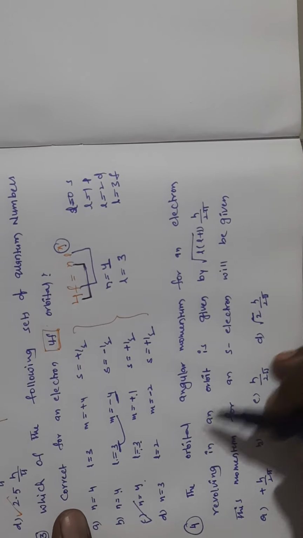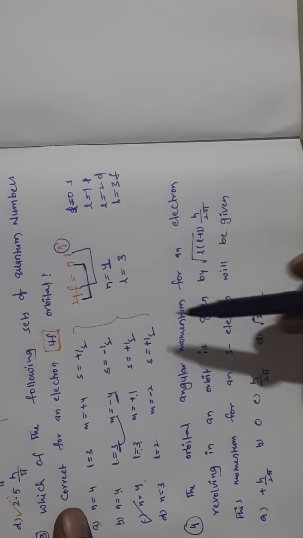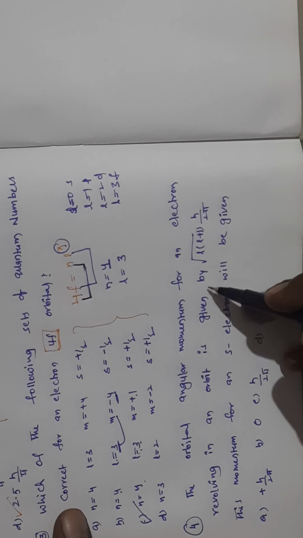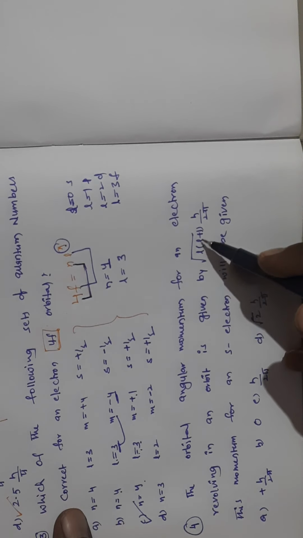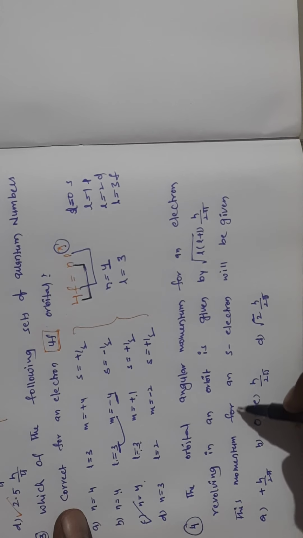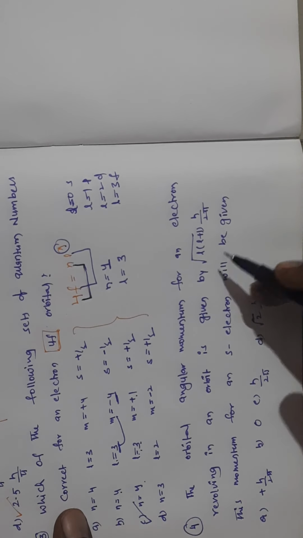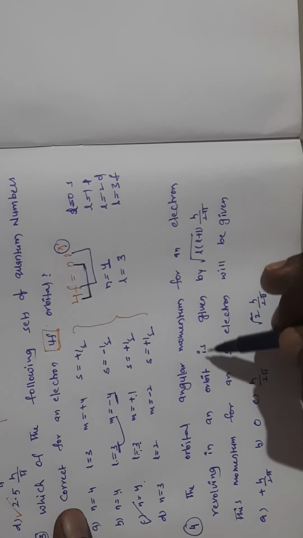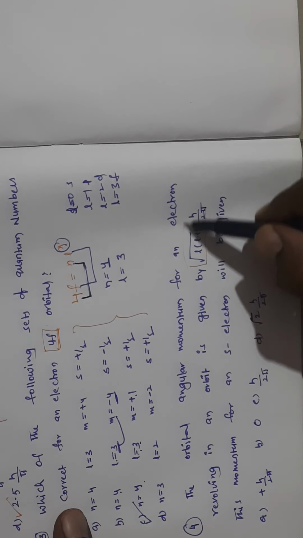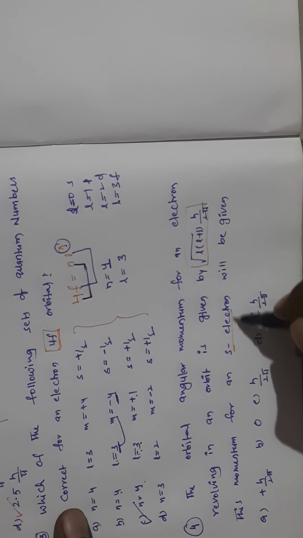Next question. The orbital angular momentum for an electron revolving in an orbit is given by square root of L into L plus 1, into h by 2 pi. This momentum for an s electron will be, so they are expecting the value for an s electron.